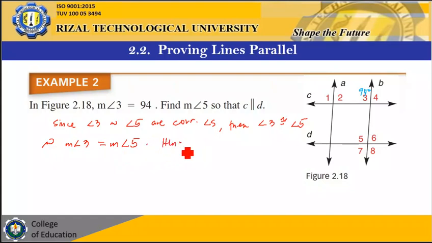Hence, we can say that the measure of angle 5 is equal to 94 by substitution. Okay?